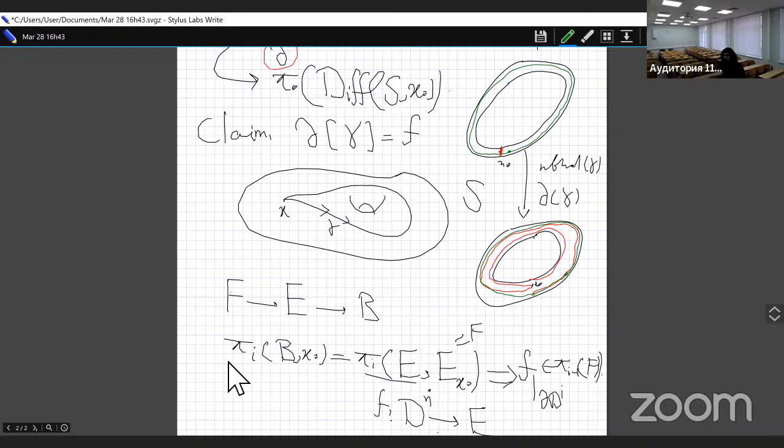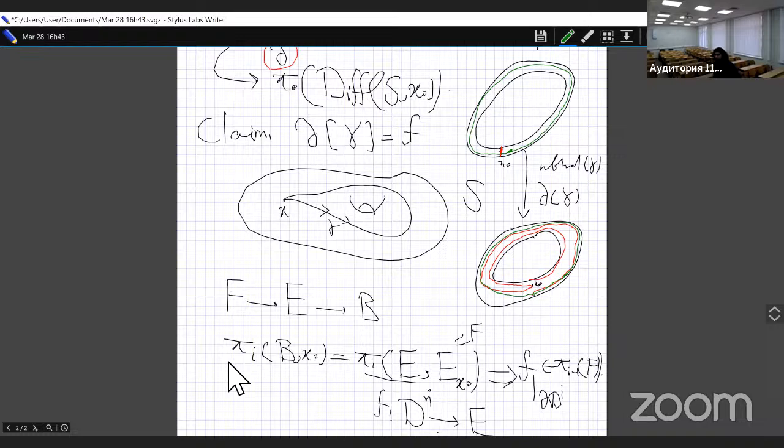Okay, so this point on the green circle moves by some angle, let's say counterclockwise. As the green circle approaches the circle that passes through S naught, we get a Dehn twist.